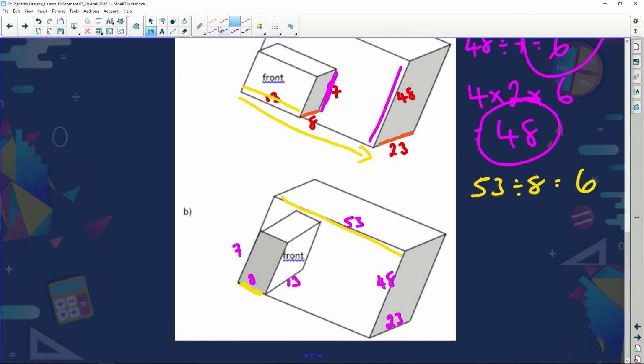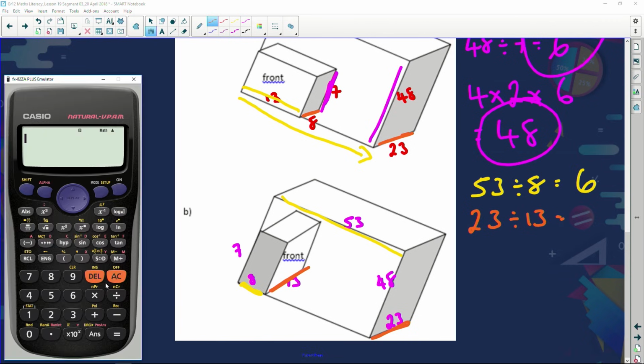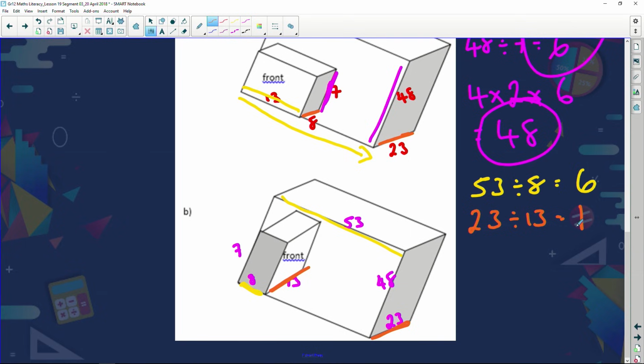Okay, then using another color, let's go with our orange. Orange, we're going to say I've got 13 here and I've got 23. How many can I fit in? Well, 23 divided by 13 is probably going to give me 1 point something. So 23 divided by 13 does indeed give me 1,7, which means only 1 box can fit in that way.